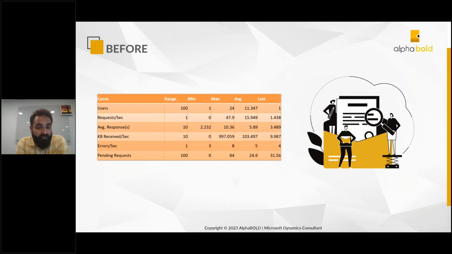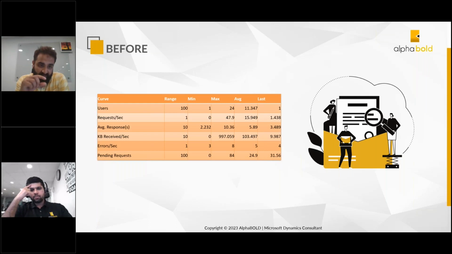The average number of users on the system at a particular time was 11.34. It means that on average 11 users remained on the system all the time. So this parameter shows that this application on average supports 11 concurrent users.